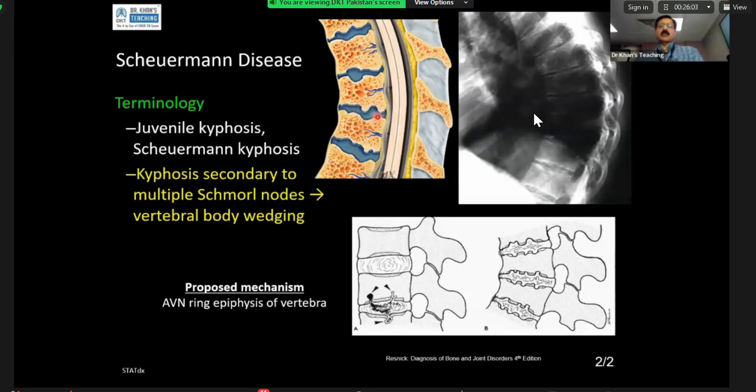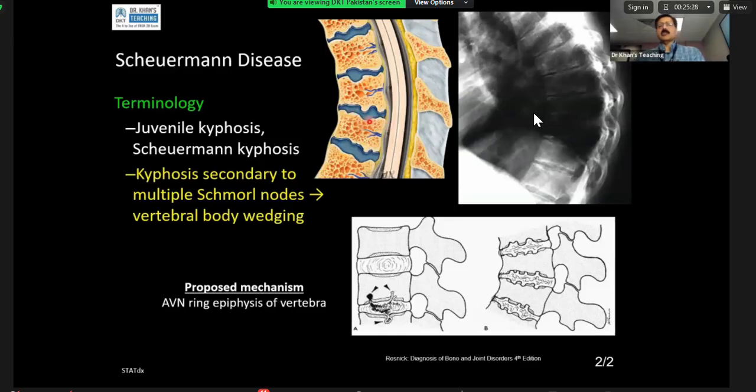Schmorl's node, by definition, is what we call intravertebral disc herniation. So this word should also be in your vocabulary. If you read the nomenclature of disc according to the many societies, this is mentioned there, intravertebral disc herniation, because of softening of bone. Adolescent means, as the name tells you, it always happens in the adolescent age group.